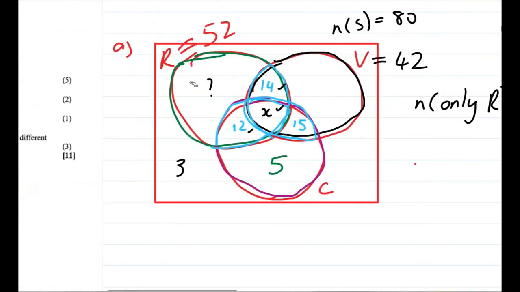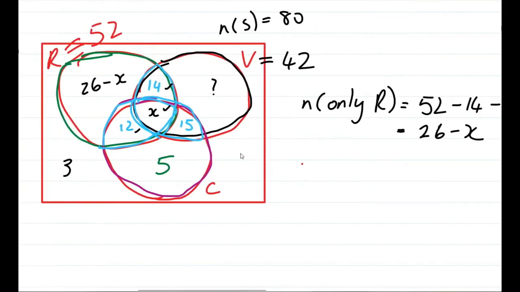So this spot over here is going to be 26 minus X. Good. Now, this unknown spot at volleyball over here, we're going to look at the same way.